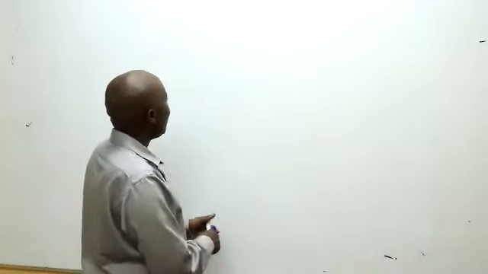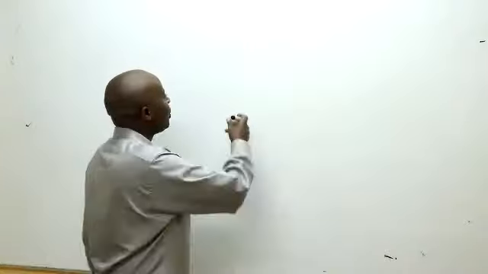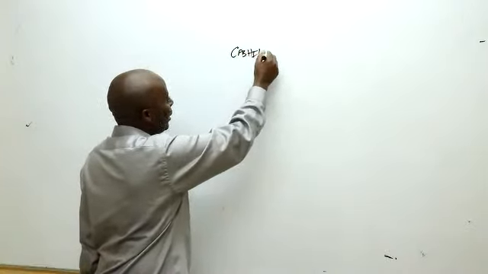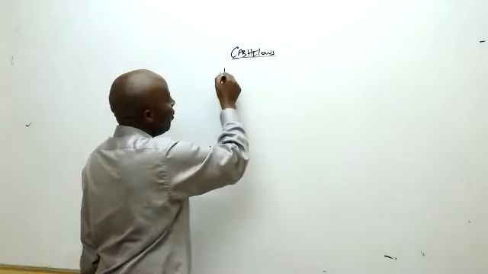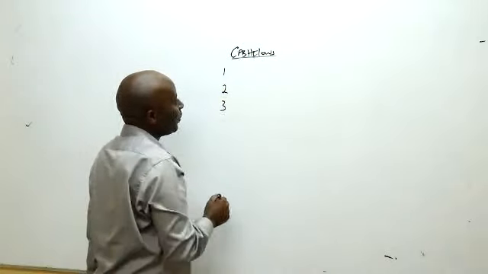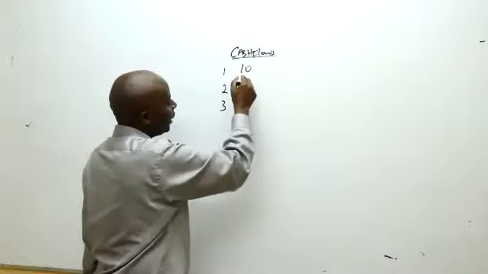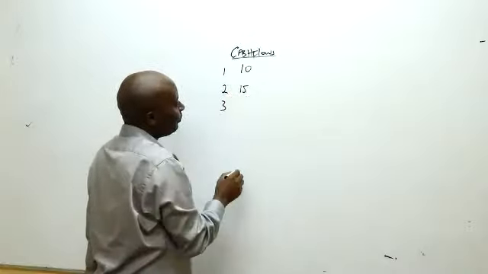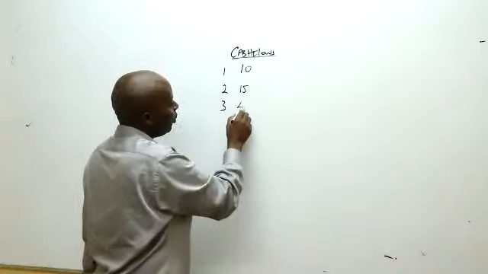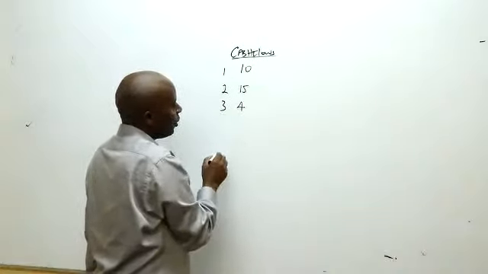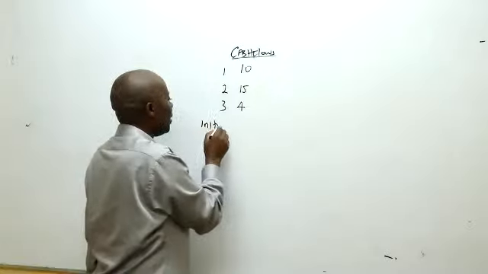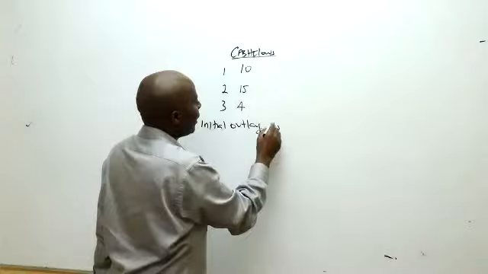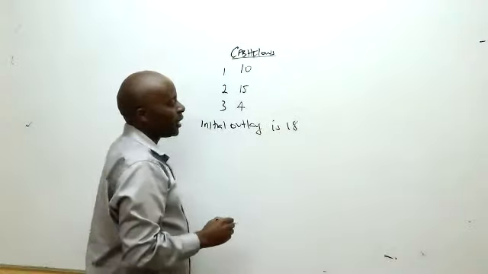Suppose the examiner gives you cash flows: year 1 cash flow is 10, year 2 cash flow is 15, year 3 cash flow is 4, and the initial outlay is Kenya shillings 18.